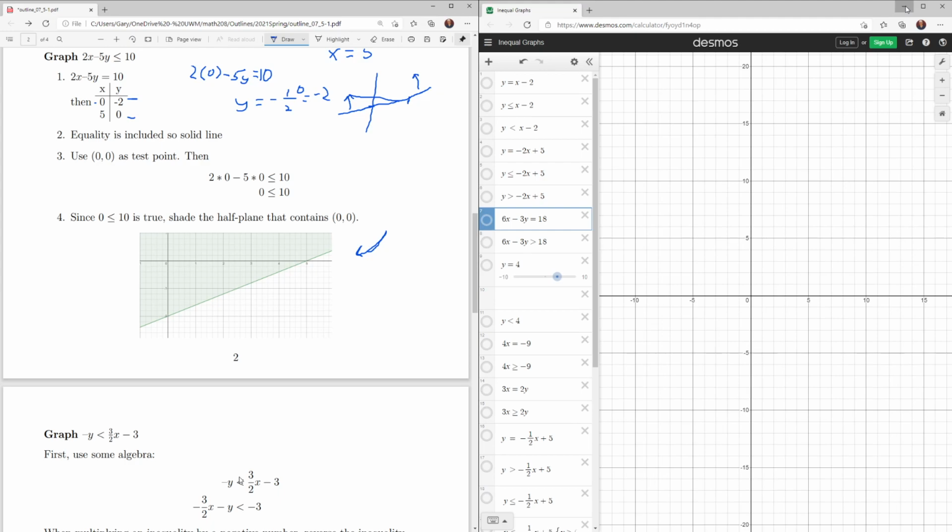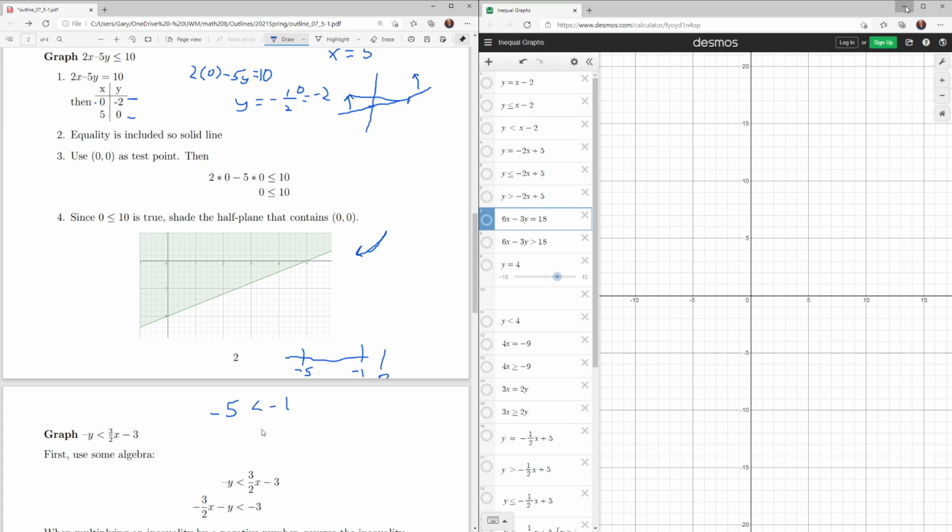Now, the trick with inequalities is that if you multiply the whole equation by a negative number, you have to flip the inequality. And let me explain that. Let's say we have, does everyone agree that minus 5 is less than minus 1? If we're on a number line, we have minus 5, minus 1, 0.